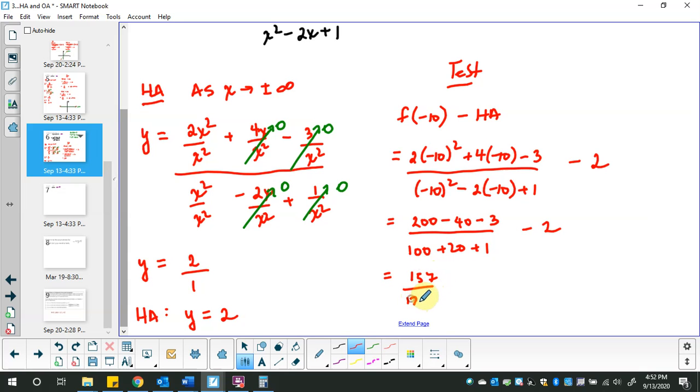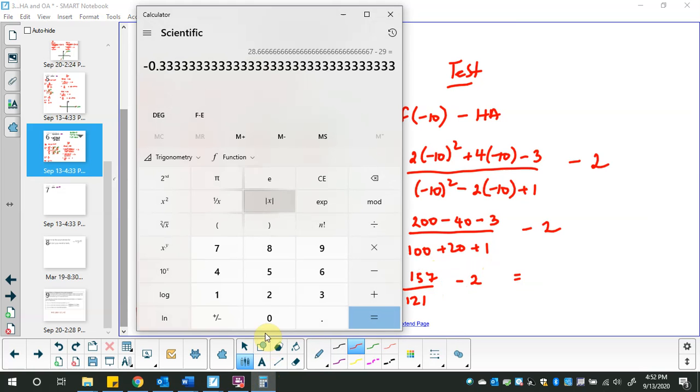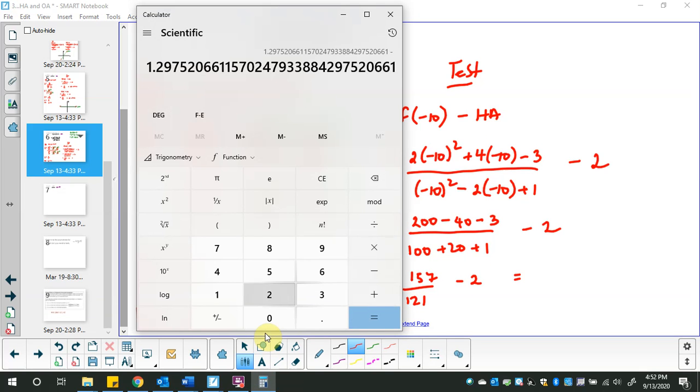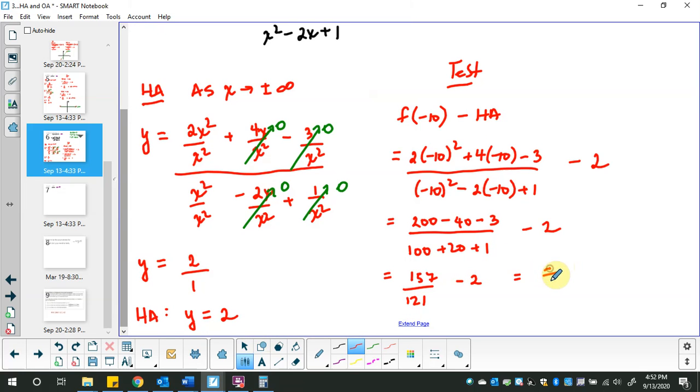That's 121 minus 2. And I realize 2 equal signs in one line is not a good thing, but this is just a test. Good form isn't really necessary as long as you're communicating your thoughts. Minus 2 equals a negative value.